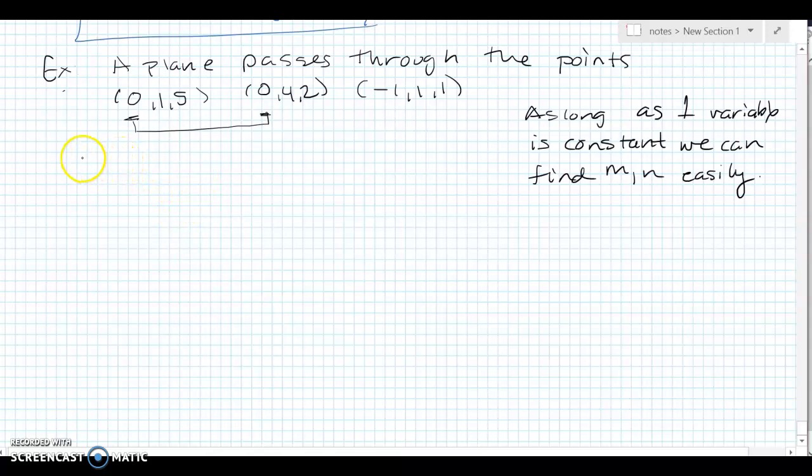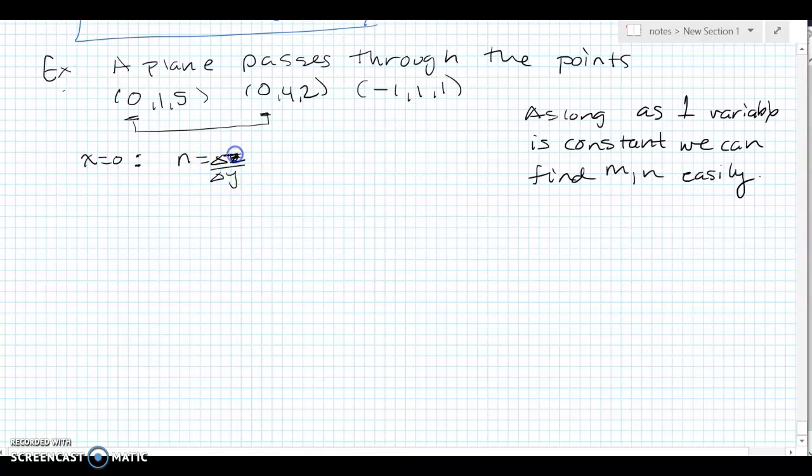So using x equals 0, n is going to be the change in z over the change in y.